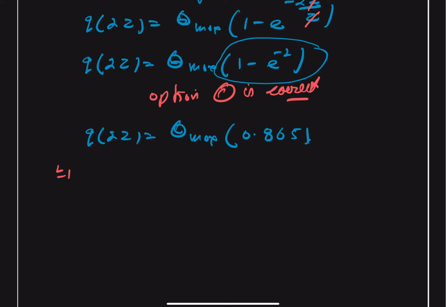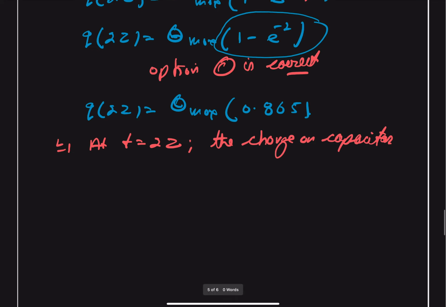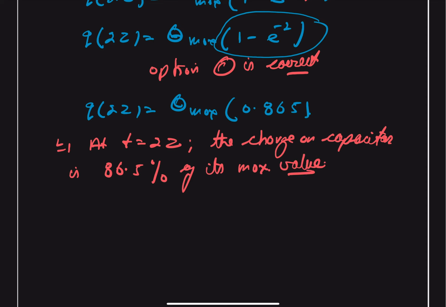At t equal to 2 tau, the charge on the capacitor is close to 86.5% of its maximum value. The maximum value is represented as Q max.